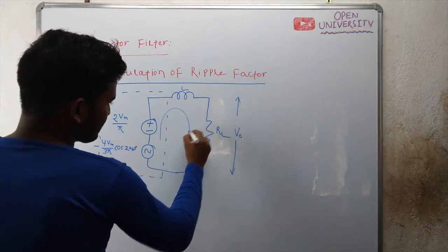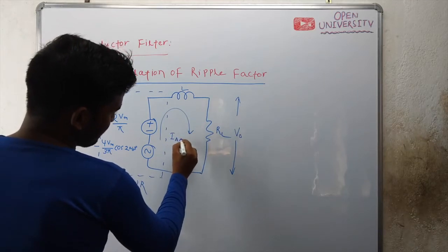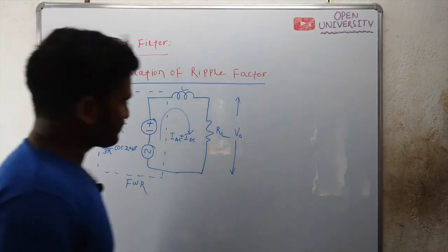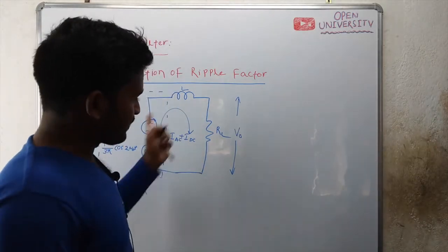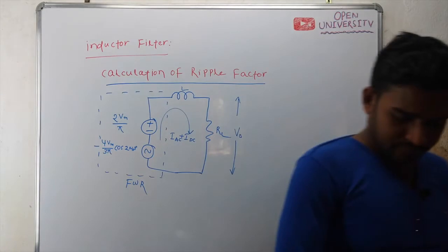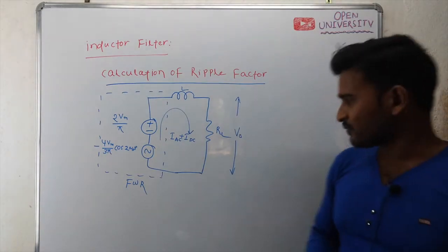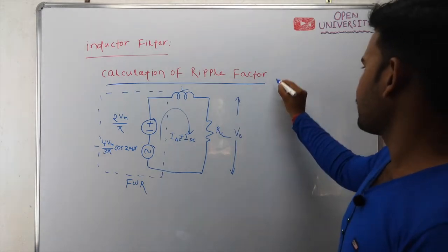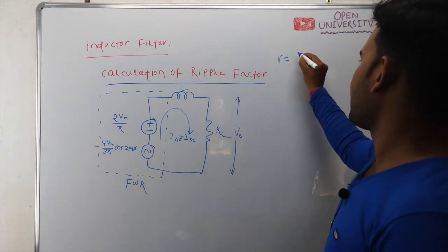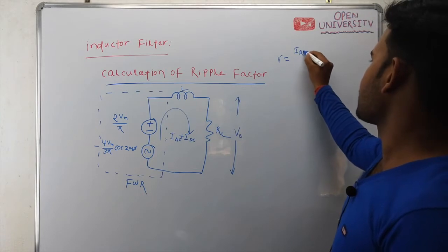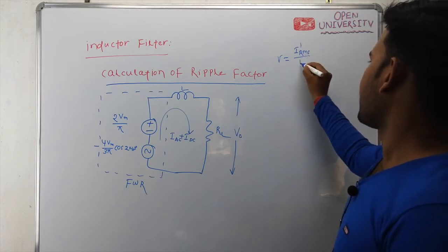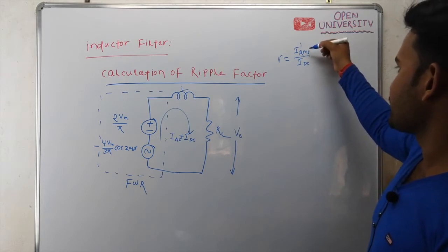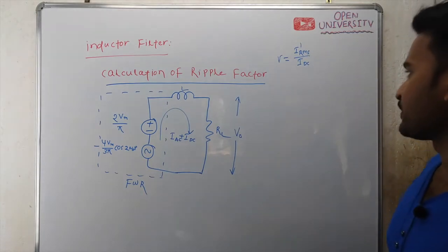Let this be IAC plus IDC. And what is the formula for ripple factor? Ripple factor r is I'RMS by IDC. Basically, it is the comparison between how much AC component is present with respect to the DC component.